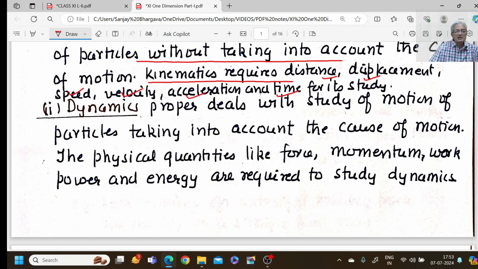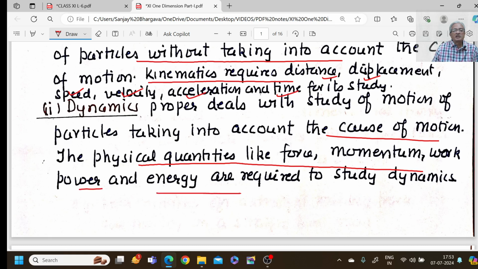So in kinematics, we do not discuss what is the cause of motion. In dynamics, we study motion by taking into account what would be the cause of motion. The physical quantities like force, momentum, work, power and energy are required to study dynamics.